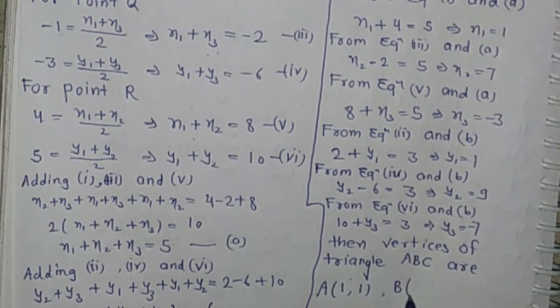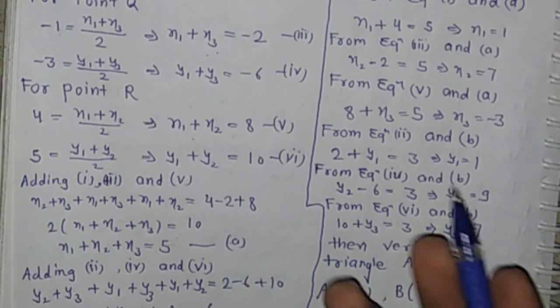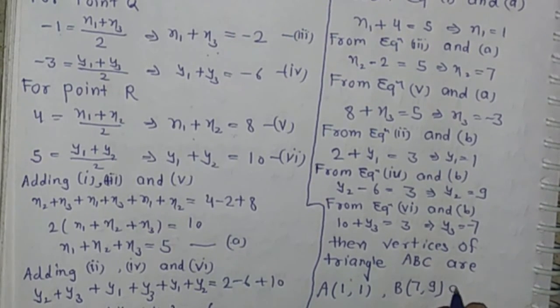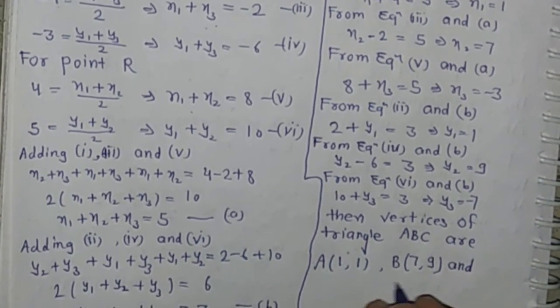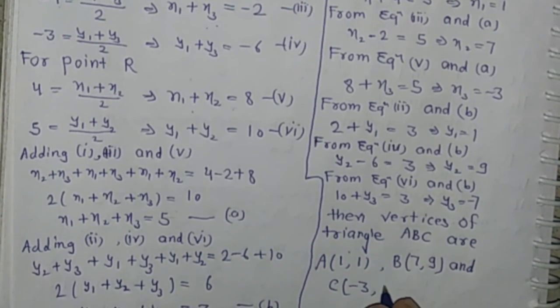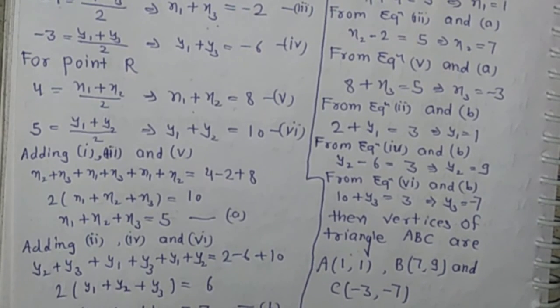Point B is (x2, y2), that is 7 and 9, (7, 9). And C is (x3, y3), x3 is minus 3 and y3 is minus 7, and it is the answer.